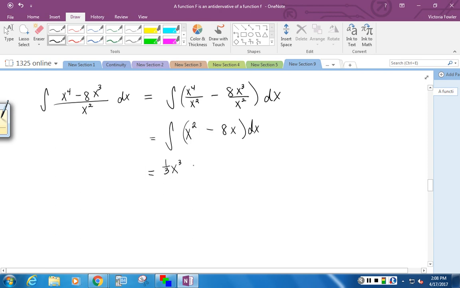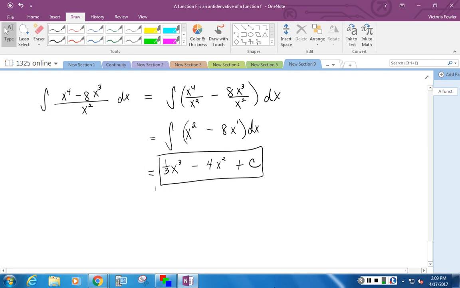I'll have a minus sign. I add 1 to the existing exponent, which is 1. So 1 plus 1 is 2. And if I divide 8 by 2, I get 4. And then I have the plus the constant. Okay. So I added 1 and divided, and I went ahead and showed that result without showing that intermediate step.